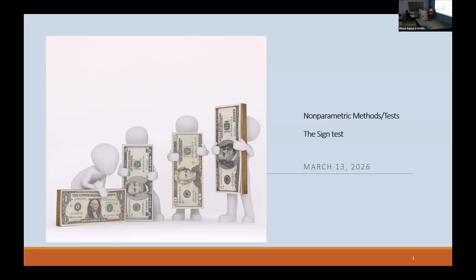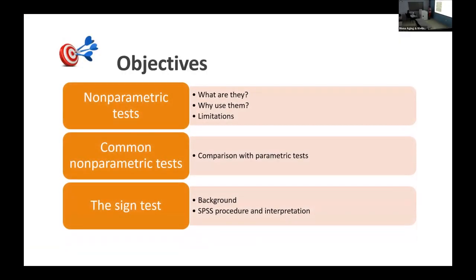Before we look at that non-parametric test, we're going to look at non-parametric methods generally. We'll talk a little bit about what they are, why we use them, and some of the limitations associated with them. We will also look at a comparison with some of the parametric tests that we've covered.